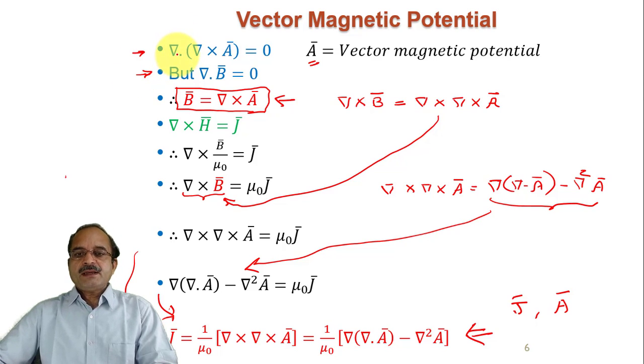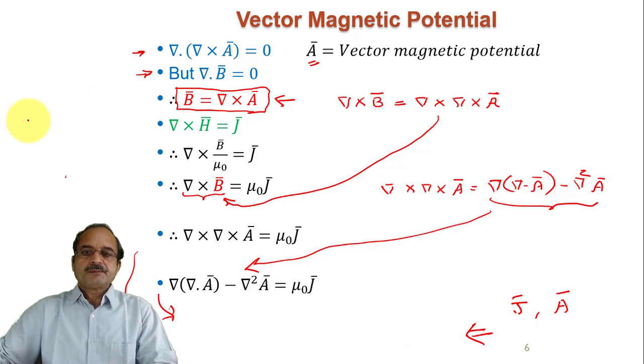In electromagnetics, the main application of this concept of vector magnetic potential is to find out the potential induced in the antenna. For example, if we have a transmitting antenna here, and in this antenna some current is flowing through it, and at another place there is a receiving antenna.